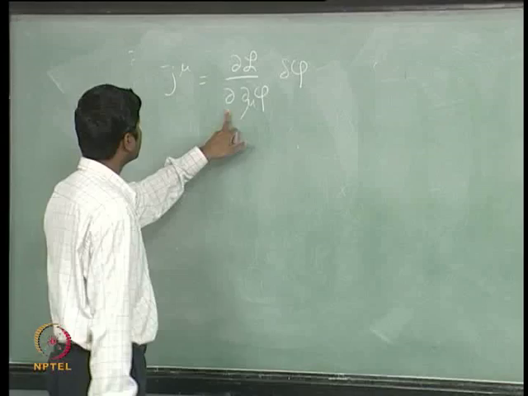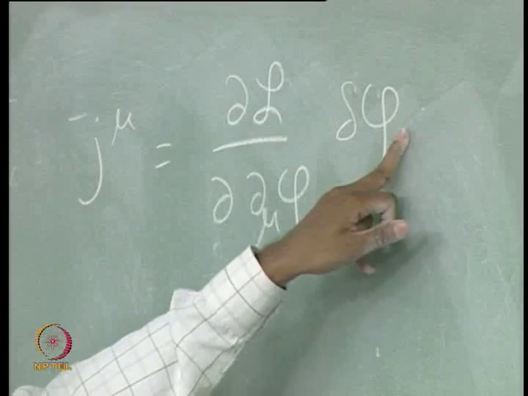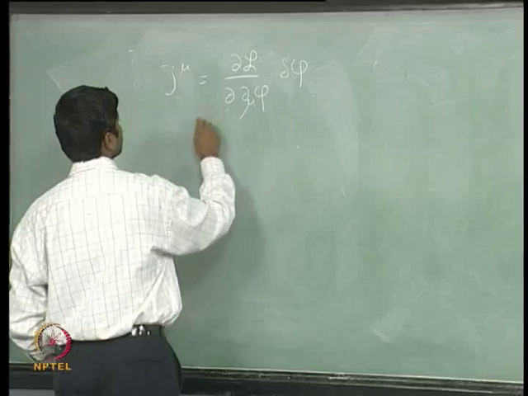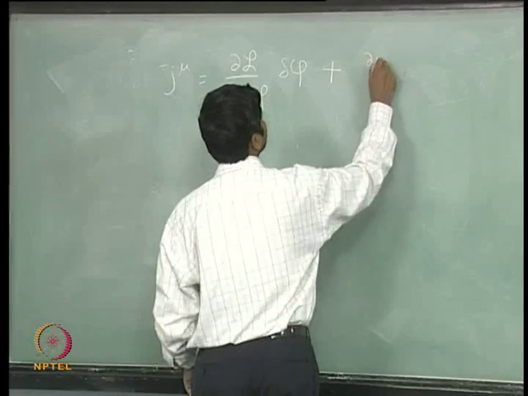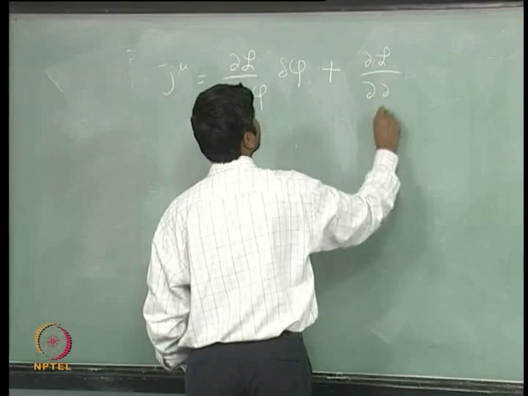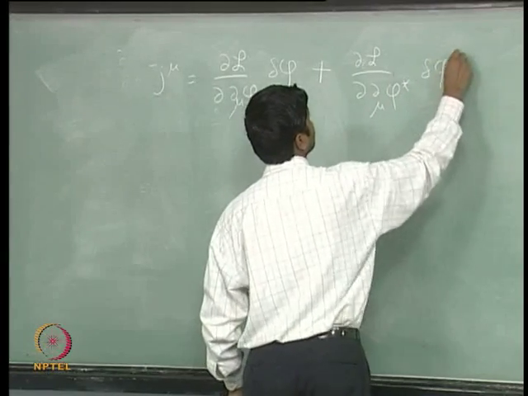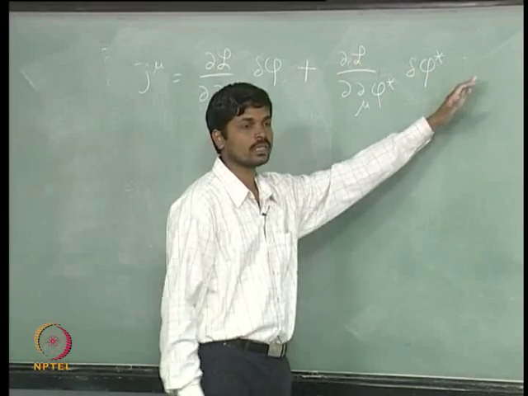Whenever there is more than one field, we have to sum over the fields. So, in this simple system, the conserved current is this plus del L over del (del mu phi star) times delta phi star. If there are more than two fields, then you have to sum over all such fields.